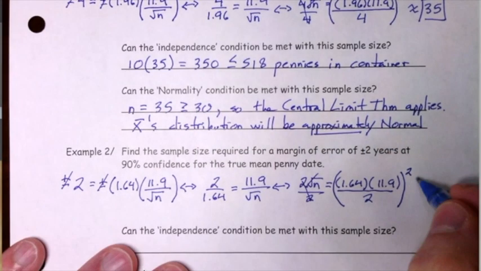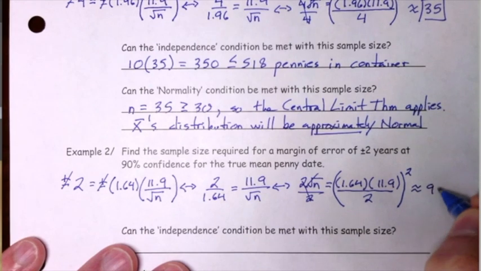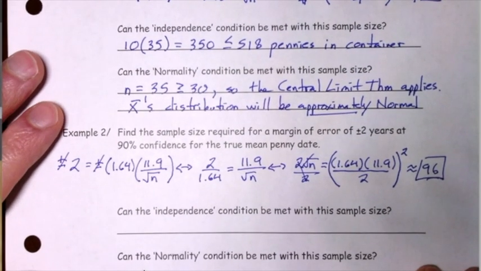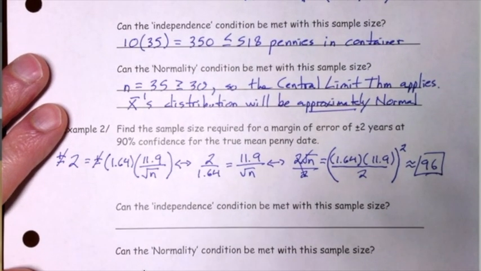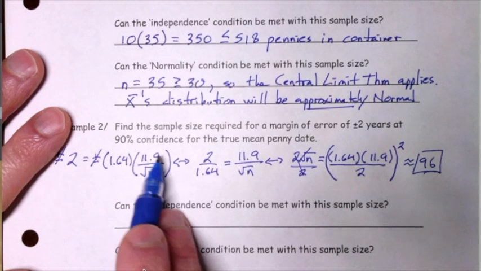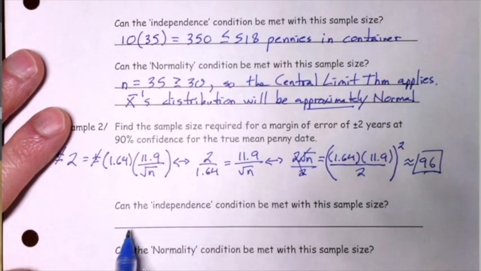And frankly, the reason that I designed this example was I just wanted you to think about the other conditions. Could we take a random sample of size 96 from the penny container? And the answer is sure we could. But the independence condition will fail here. In order to use this formula for the standard deviation of our sampling distribution, I have to believe that I'm sampling less than about 10% of the population.